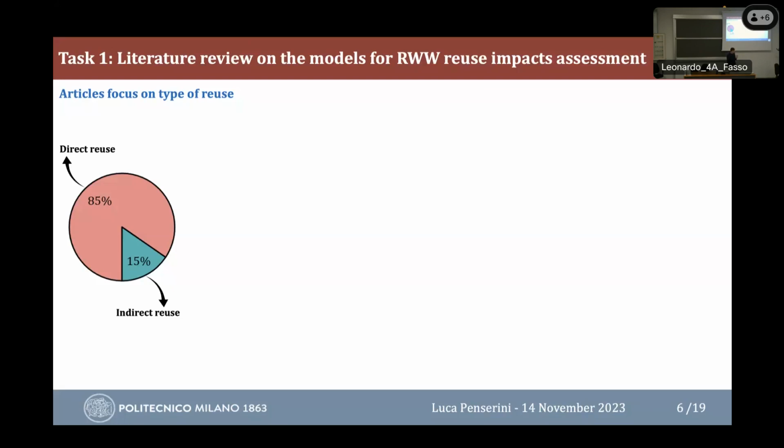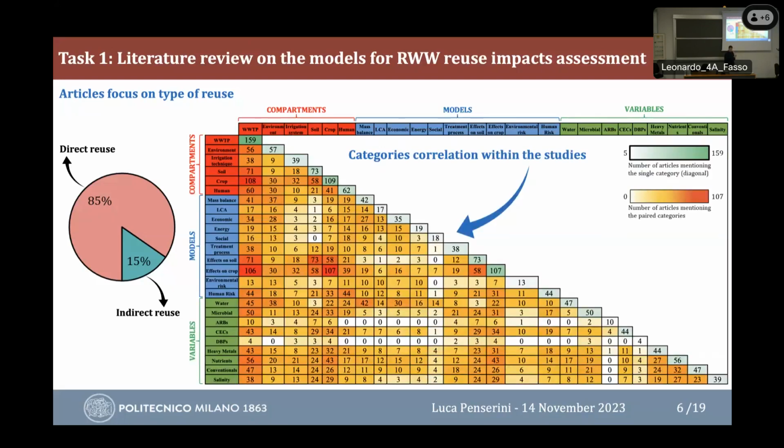The second output from this literature review was this heat map, which allowed us to investigate what are the more consolidated correlations among different categories. Again, there is the differentiation between compartments, models, and variables. And on the other side, which are the gaps?